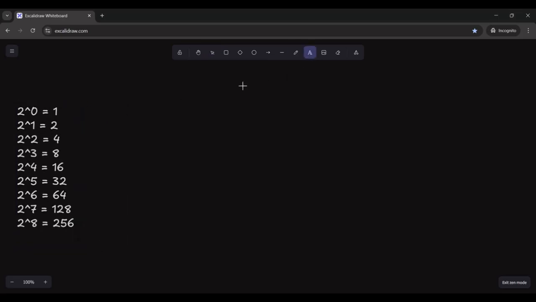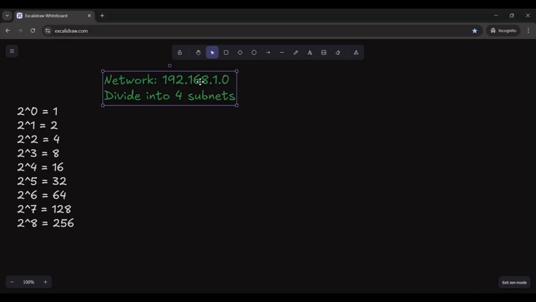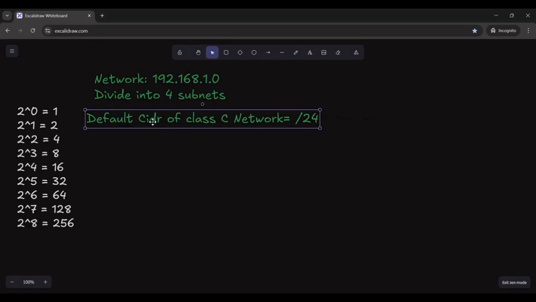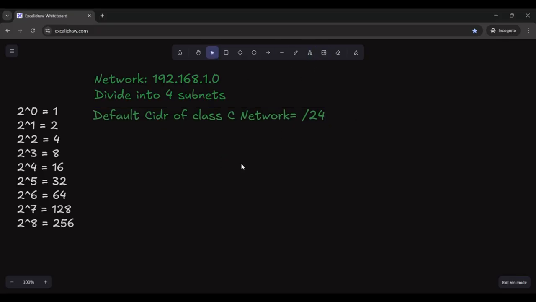So let's assume that there is a network 192.168.1.0, and we want to divide this network into 4 subnets. Let's put it on the side. We know that the default CIDR notation of a class C network is /24, which corresponds to the subnet mask of 255.255.255.0.